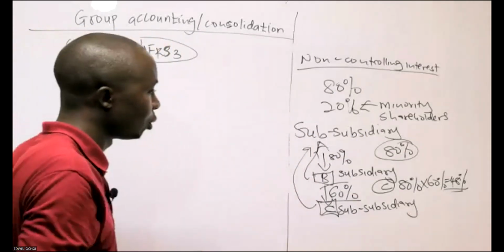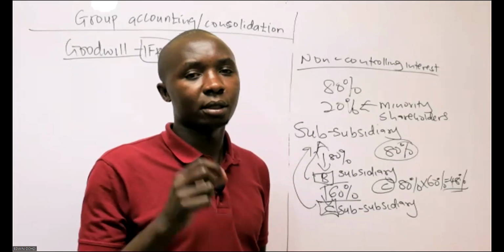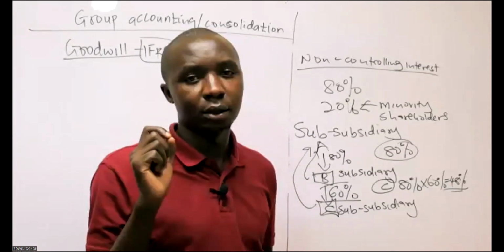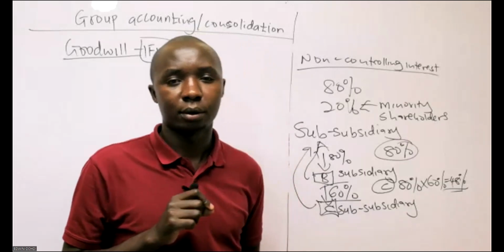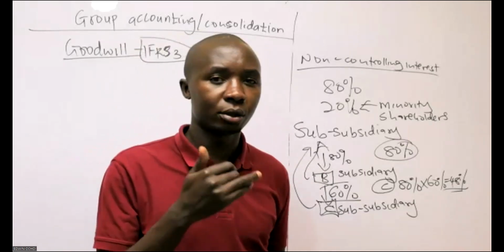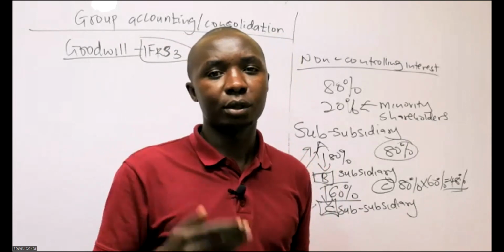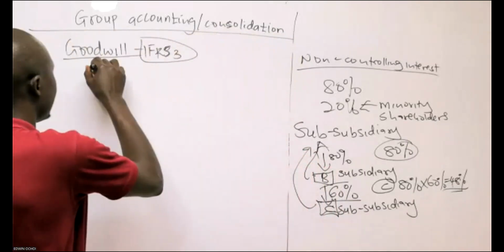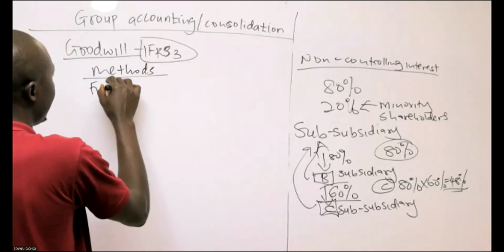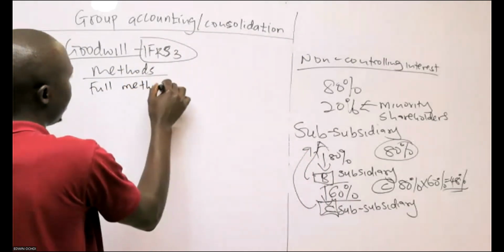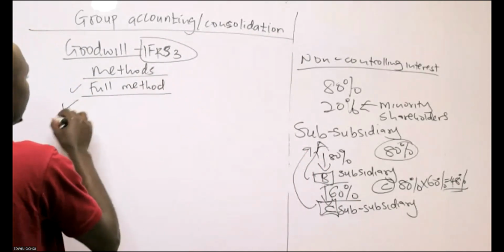When we talk about goodwill, remember that to compute it you can use either the full method or the partial method. On which scenario can you use the full method? Let's start from the first one, the full method.